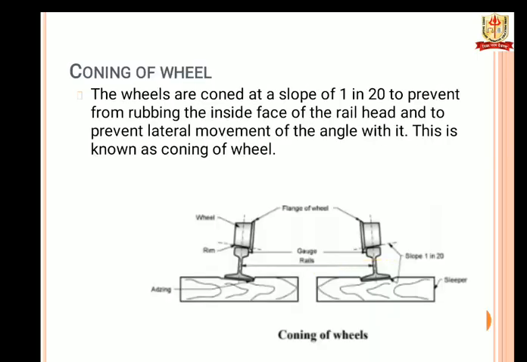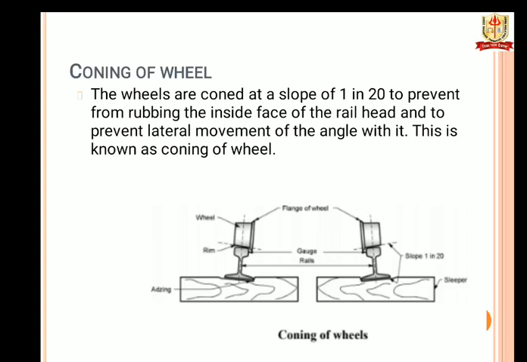Coning of wheel. The tread of the wheels of railway vehicles is not made flat but sloped like a cone. An outward slope of 1 in 20 is provided on the tread of the wheel to prevent lateral movement of the axle and to prevent rubbing of the inside face of the rail head.